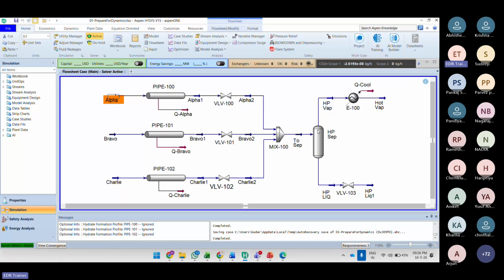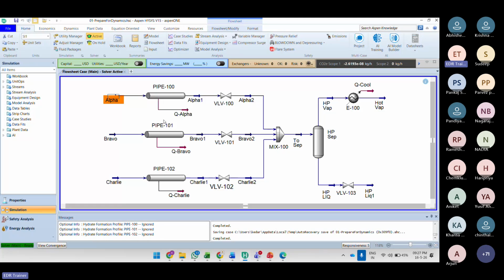For the dynamic model to run and calculate properly, many inputs are needed and they need to be formatted differently than they are in the steady state. Some items must be added to your model while others need to be removed. In general, the following items are required: add some unit operations as necessary, size your equipment, adjust pressure specifications of column models, remove logical operations, and add control operations.